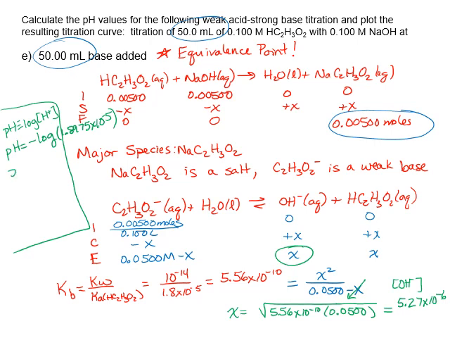But anyway, when we plug that into our pH equation, whoops, sorry, it's not 10 to the minus 5, it's 10 to the minus 9. And the negative log of that gives us a pH value of 8.722.